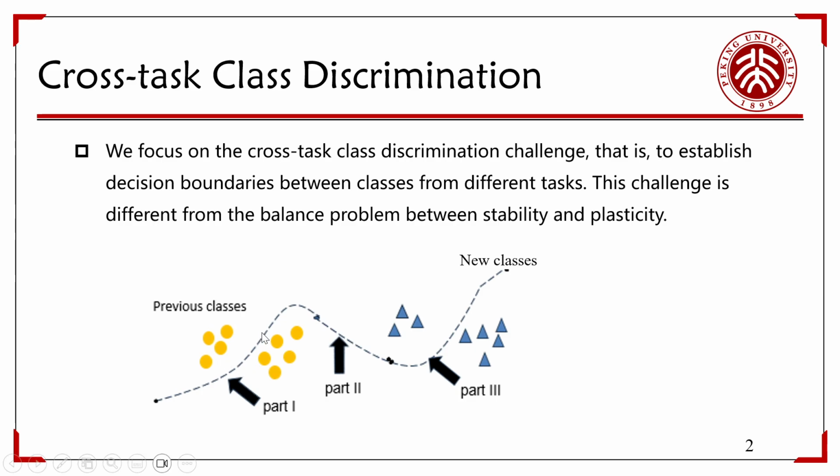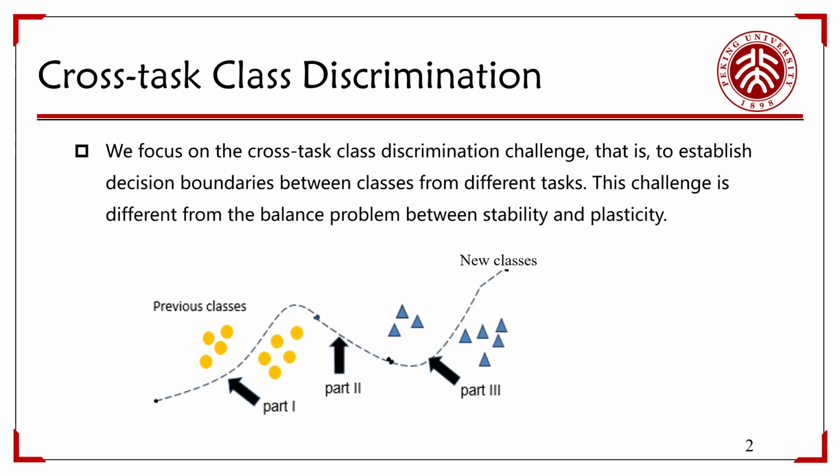The stability problem means that we need to maintain the established decision boundaries between previous classes, and the plasticity problem means that we need to establish new decision boundaries for new classes from the new task. Our challenge is to establish decision boundaries between previous classes and the new classes.